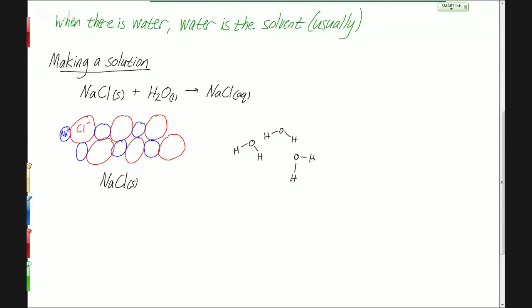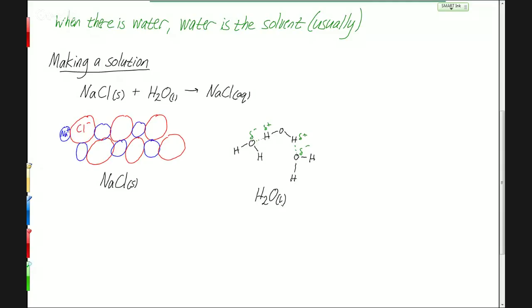We'll just draw a couple here, but we have these polar interactions between the partial negative oxygens and the partial positive hydrogens. And then that goes on through the entire water sample. And there's our liquid water.